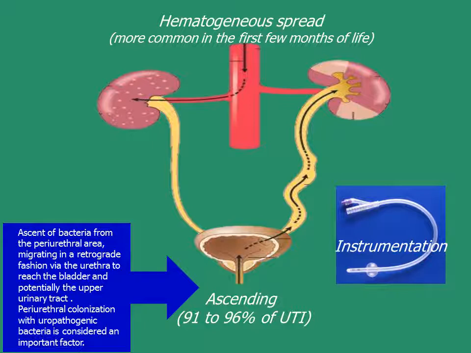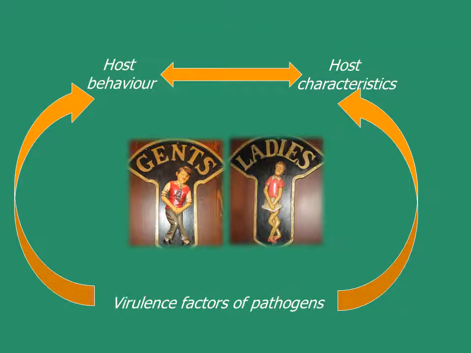Hematogenous spread can also occur and is more common in the first few months of life. Bacteria may also be introduced into the urinary tract via instrumentation such as catheterization. The development of UTI is an interplay of host behavior, host characteristics, and virulence factors of the pathogen.